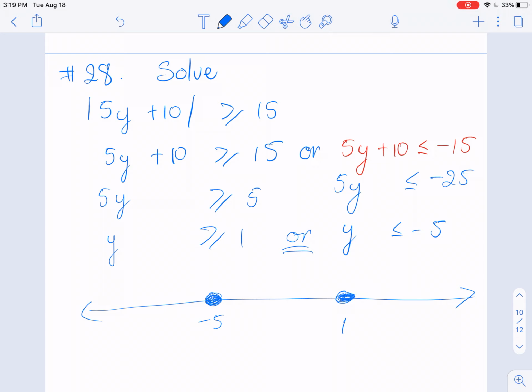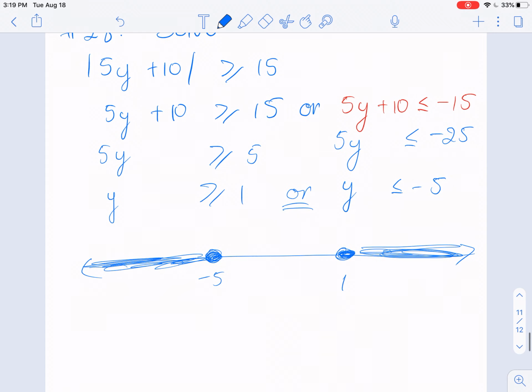So y greater is going to be this way, y less than is going to be this way. See, so there's always a gap for this type. And if you want to write the interval notation, it would be negative infinity to negative 5, bracket, union, bracket, 1, infinity, and you close it.